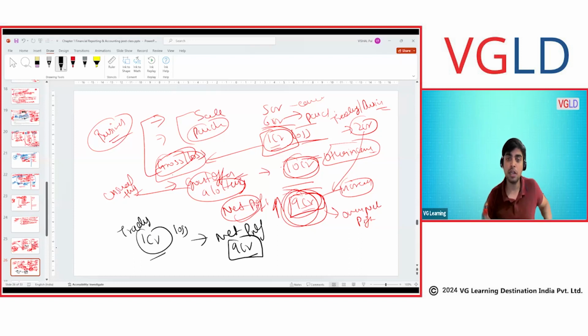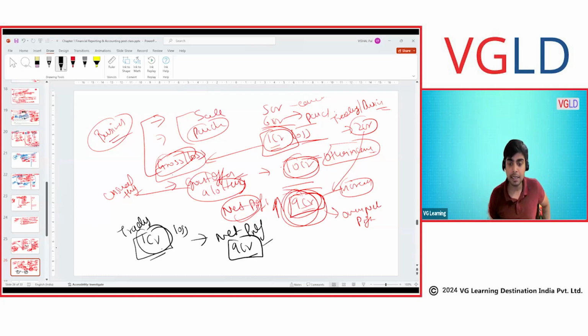Don't you think these two give two different images? If I know that the company has made a 9 crore profit, I would be eager to buy the share of that company, to invest in that company. But if I know that the company has made a 1 crore business loss, then I would be reluctant. Just these two different pieces of information provide me two different pictures. Yes or no? Tell me.